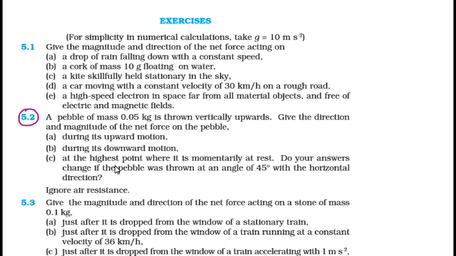So A is during the upward motion, B is during the downward motion, C is at the highest point where it is momentarily at rest. Do your answers change if the pebble was thrown at an angle of 45 degrees with the horizontal direction? Ignore air resistance.